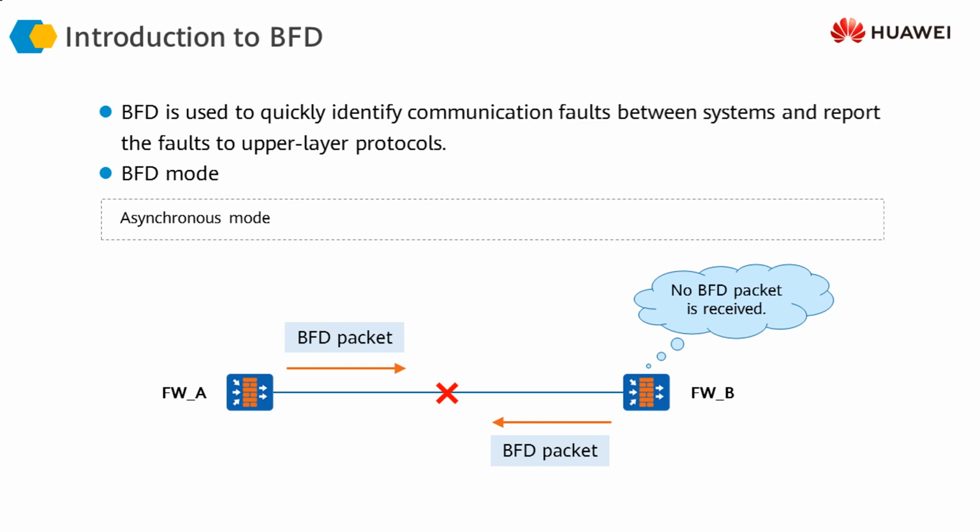And if one of the devices does not receive a BFD packet for a certain period of time, three hello intervals by default, then it will assume that the other side is not available and has gone down. And once again, in this scenario, we can have a particular response from the firewall.